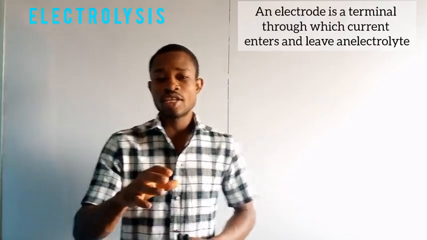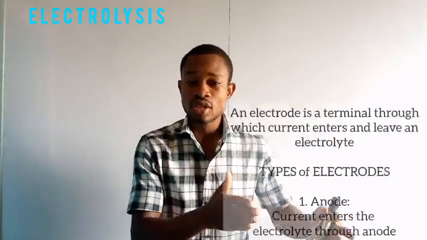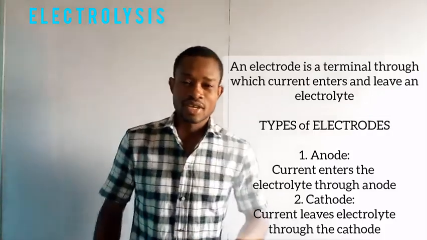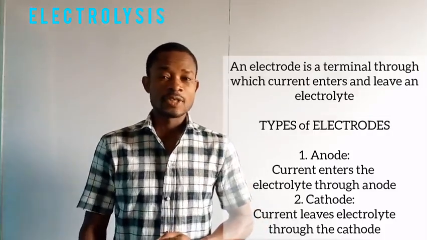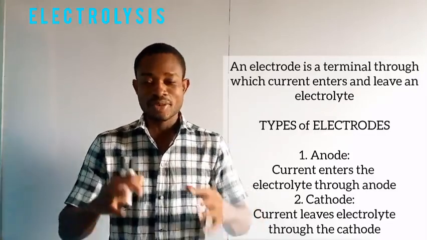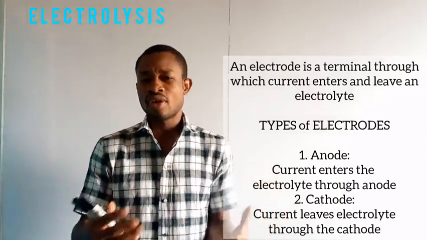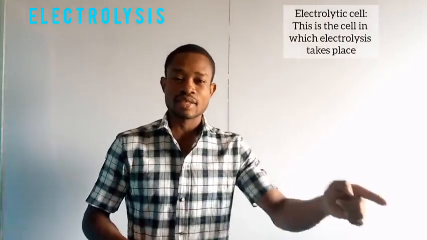Now, this electrode can either be positive or negative. And so we have the anode and the cathode. Please take note of this point, because although this video focuses on electrolysis and where we make use of the electrolytic cell, are you following? Because during this electrolysis process, the cell that we use in carrying out this process is called an electrolytic cell.